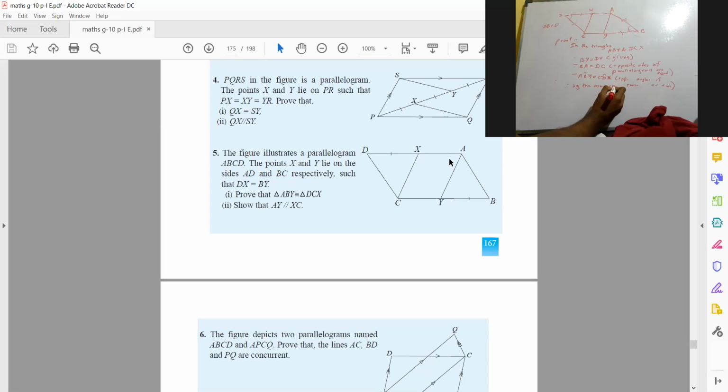Therefore, by the case side-angle-side, the two triangles ABY and DCX are congruent.